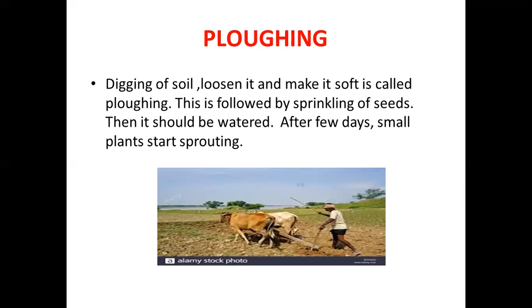And plowing is followed by sprinkling of seeds. Later on, when the soil becomes loose, he just sprinkles the seeds. It is necessary to drop the right amount of seeds at regular distances. He puts the seeds at regular intervals, so that the plants will grow better.